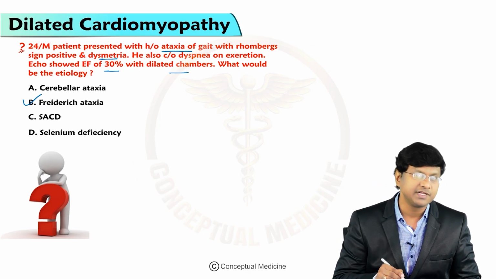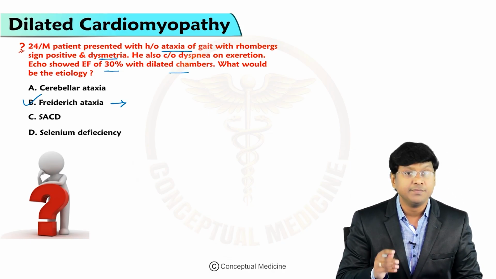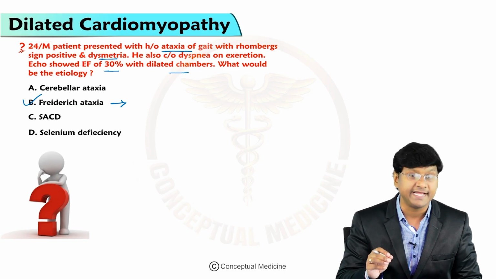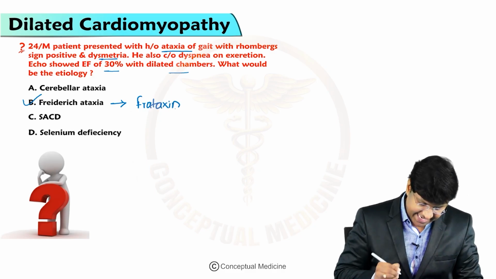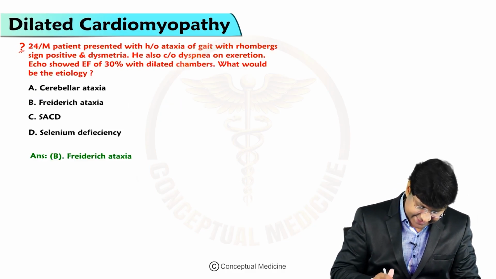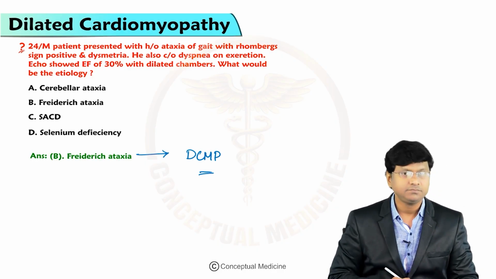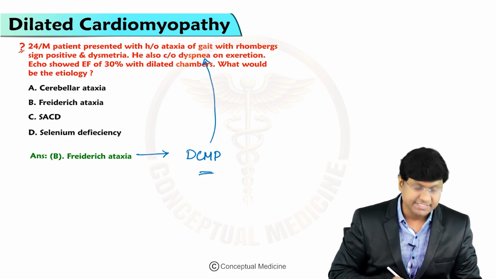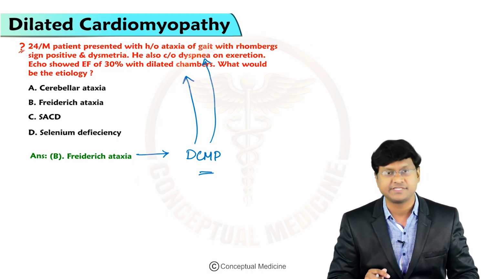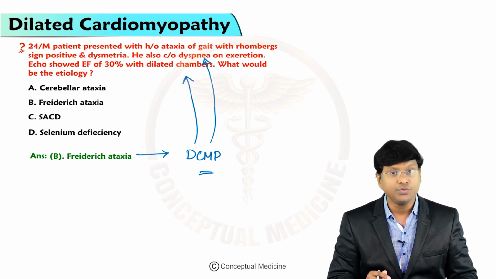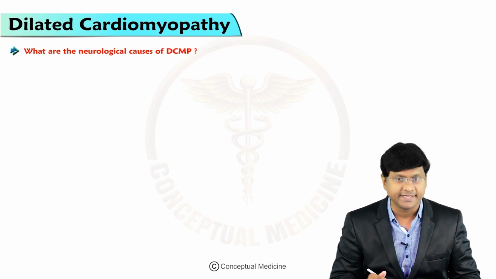Right. So what is this Friedreich's ataxia? It is a disorder characterized by mutation of a gene, that is the frataxin gene. These patients with Friedreich's ataxia also develop dilated cardiomyopathy. That is the reason why you have dyspnea on exertion, and why these individuals also have dilated chambers. Now, you need to know all the neurological causes for the development of dilated cardiomyopathy.